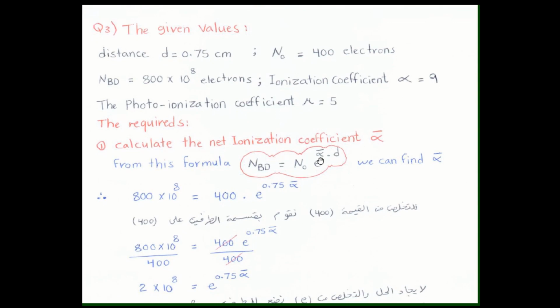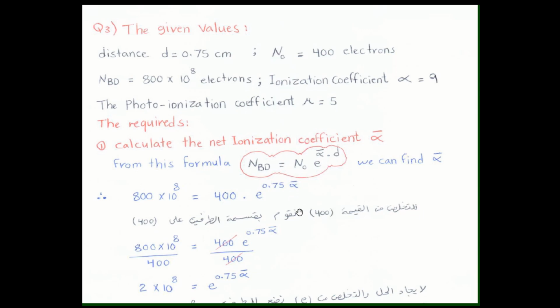We have to substitute the number of electrons at breakdown. So 800 into 10 to the power 8 equals the initial number of electrons, 400, into e to the power 0.75 times the net ionization, which is what we want to find.